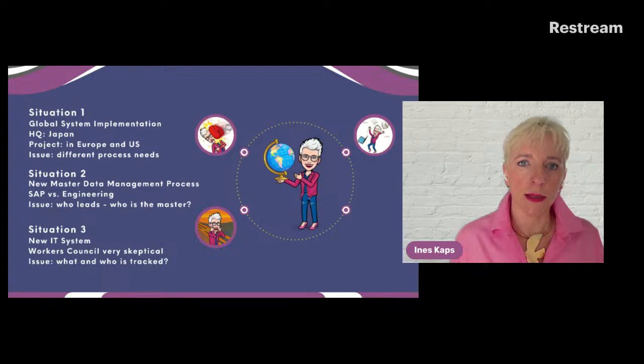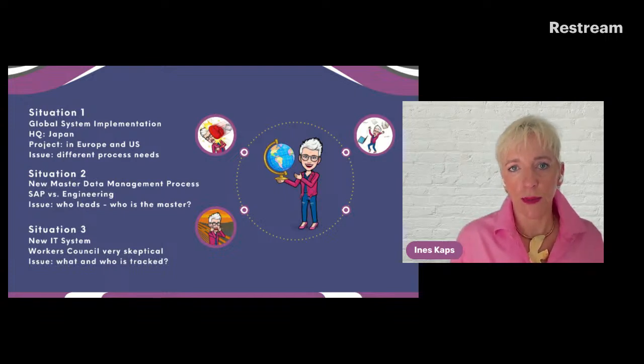The difficulty was that the legal requirements were different in Japan versus Germany, for instance. So the conflict was really to understand and explain what the differences are and how you can adjust the process and the systems so that it meets, on the one hand, the requirements of as standard as possible, requirements from Japan, from the headquarter, and on the other hand, the legal and compliance requirements within Europe.